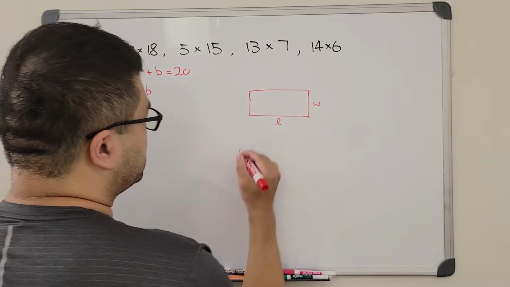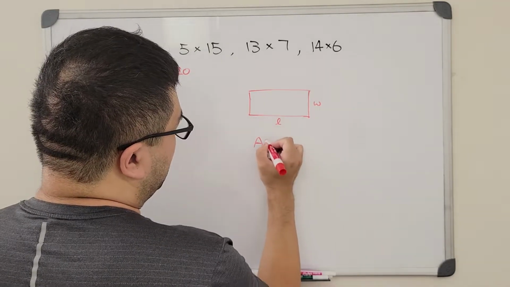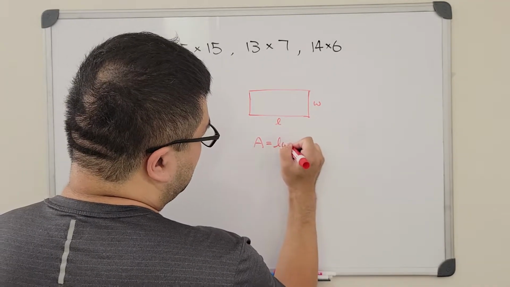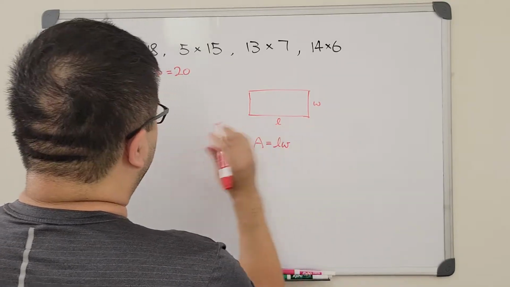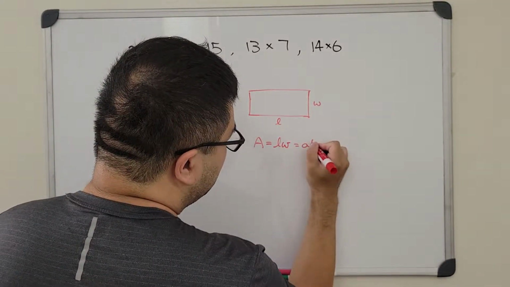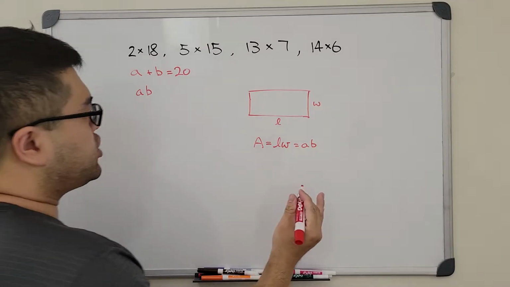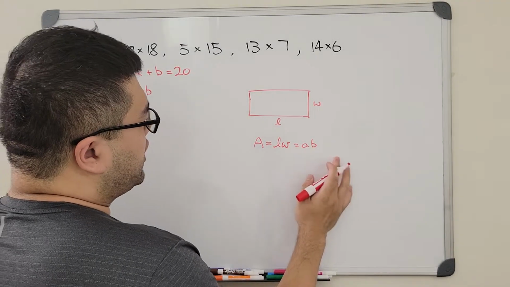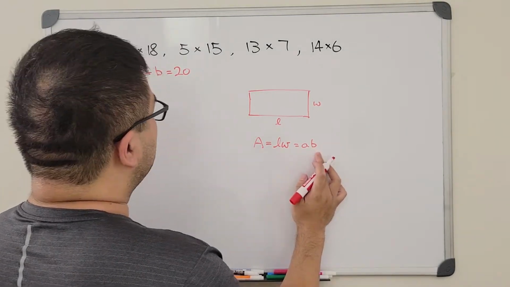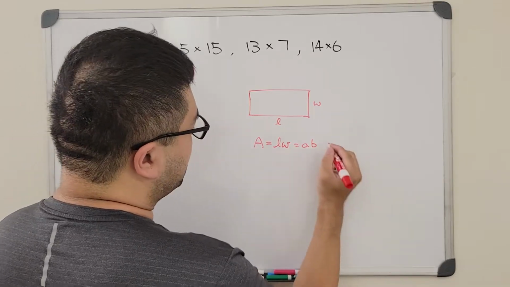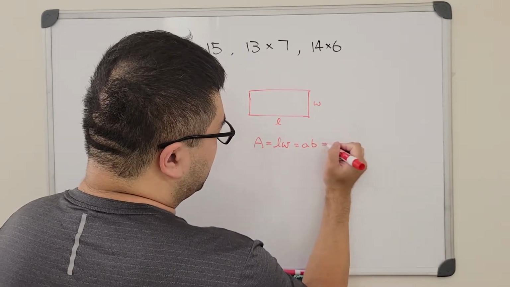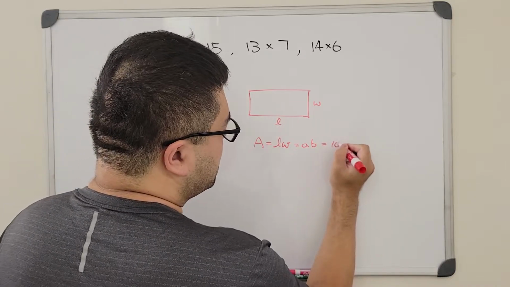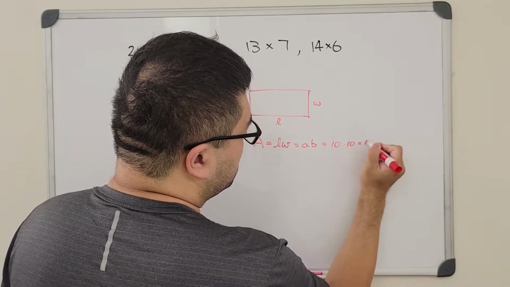So in this case, the area, which is length times width, or in our case a times b, is the biggest if a and b are the same. In this case, the biggest area will be 10 times 10, which is 100.